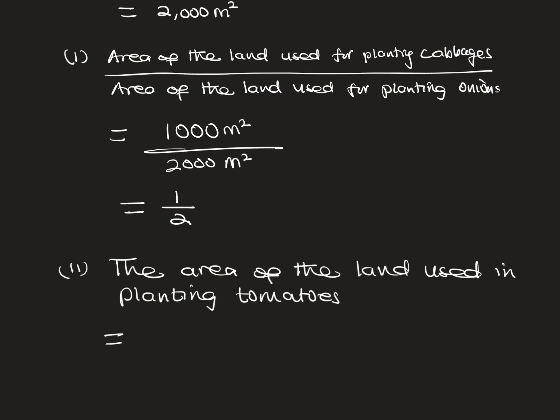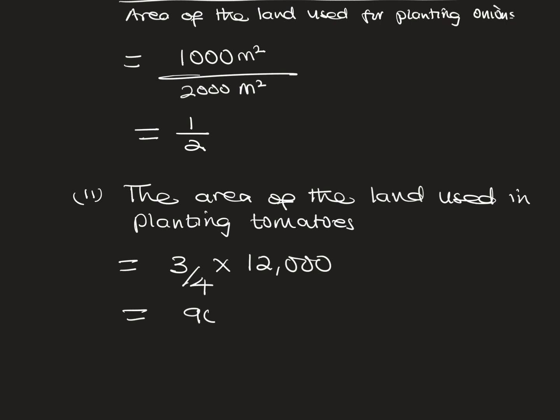That would be the fraction of the land used for planting tomatoes was 3 over 4. Then if we multiply that by the entire land, which is 12,000 meters squared, we will have 9,000 meter squared.